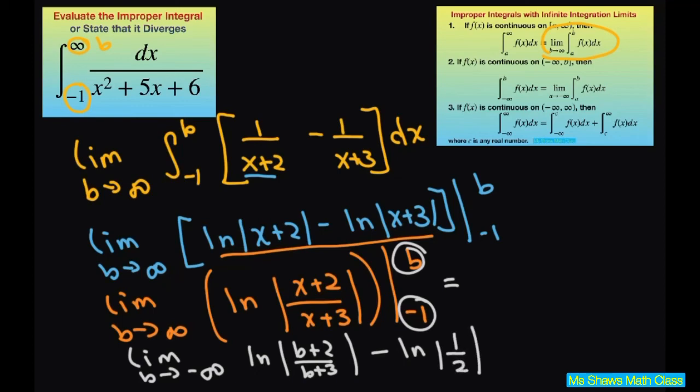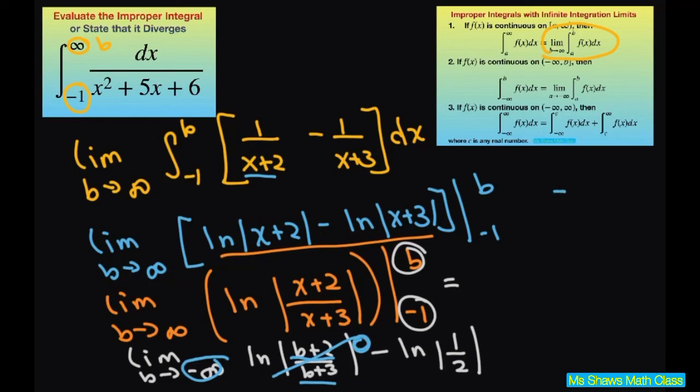So now when you substitute in infinity in here, you're going to get infinity divided by infinity, which is 1. So ln of 1, this is going to go to 0. ln of 1 is 0.